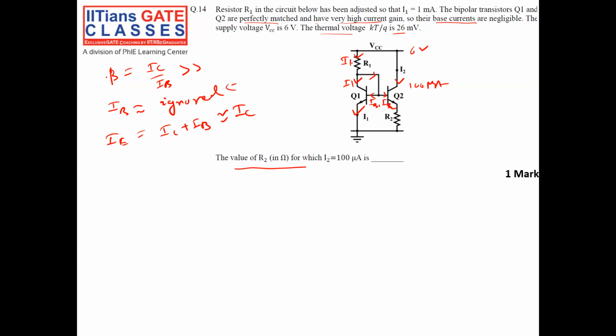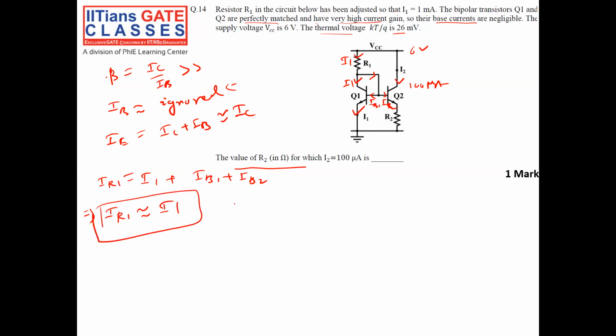So IR1 equal to the current in collector, I1, plus IB1 plus IB2. But since the base currents are very small, I can approximate it as I1 only. This is the first condition. So let us try to solve the question to get R2.